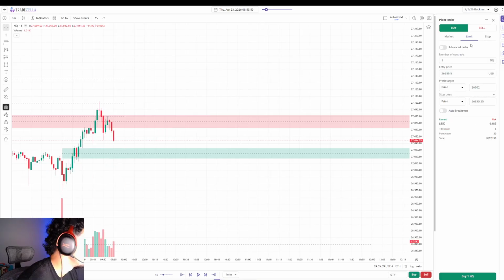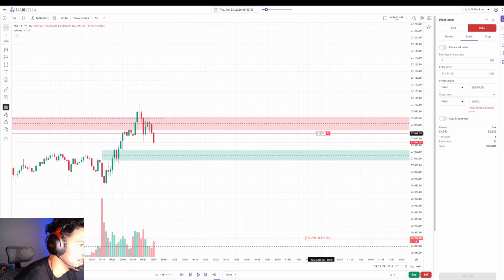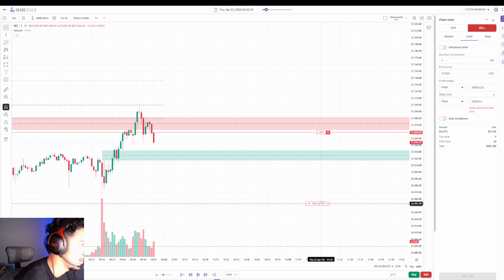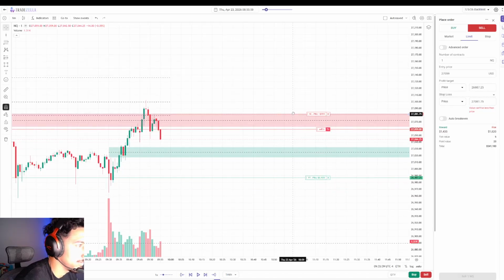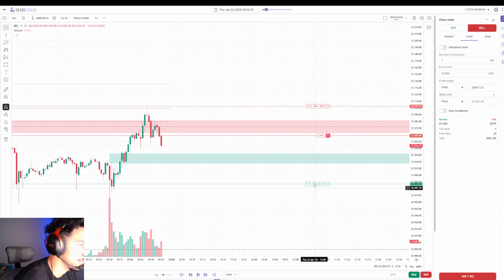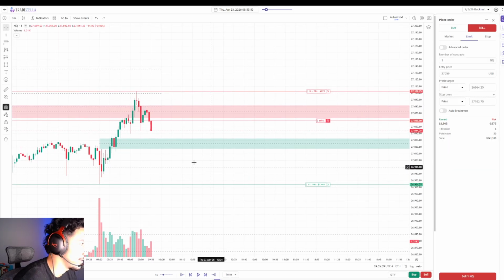Yeah, so we've already swept liquidity now. We're getting displacement lower, we're breaking structure to the downside. Why does it keep doing that? A stop loss would be up here, take profit would be at low of the day.